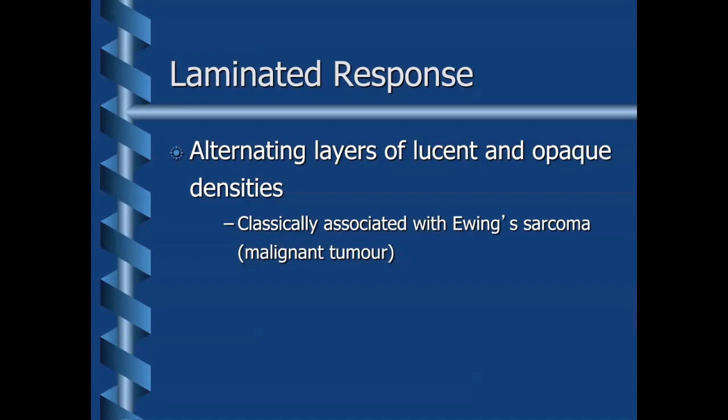Lamination just means you get one layer on top of the other, with quite distinct separation between those layers. Obviously this isn't a particularly good sign, because it usually is associated with malignant tumours.